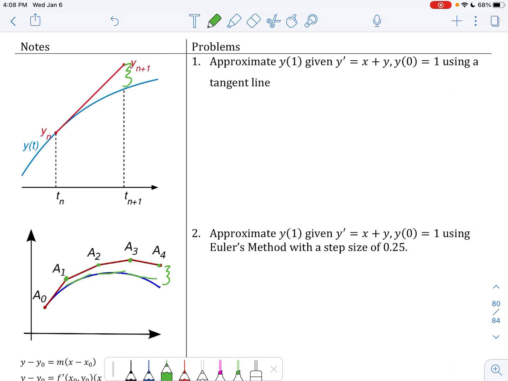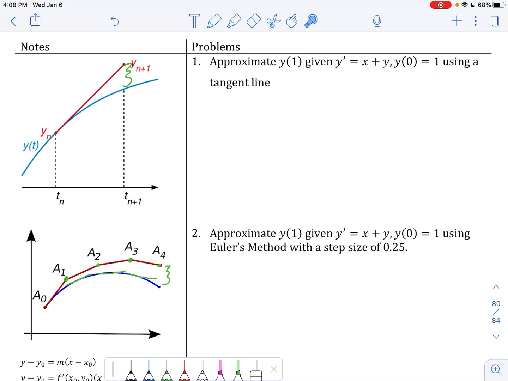So let's start with a quick review of how to approximate with just a regular tangent line like this. Approximate y at x equals 1, given y prime is equal to x plus y, and y at 0 is equal to 1.